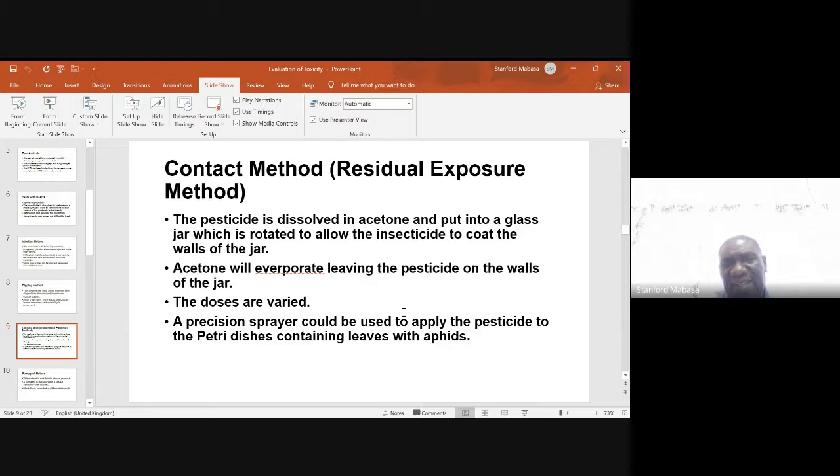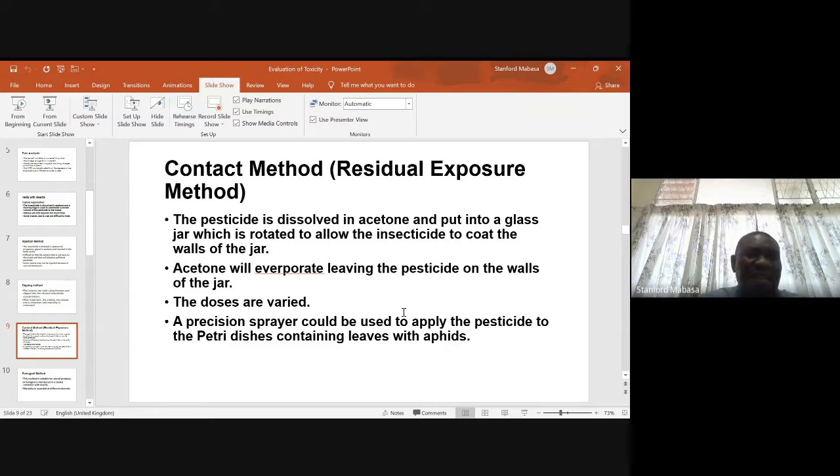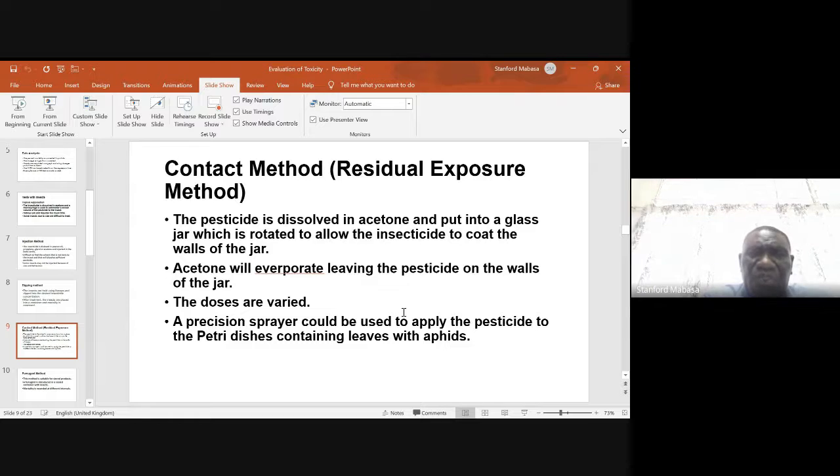Then you can check whether the aphids are being controlled or whether the aphids are dying due to their contact with the pesticide. Here you are not going to inject anything into the insect. You just create a surface with the pesticides and allow your insects to get in contact with the pesticides.